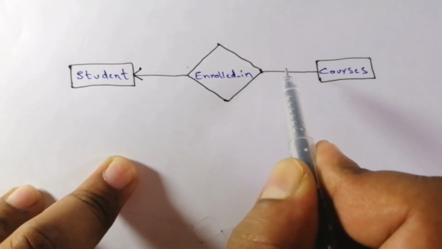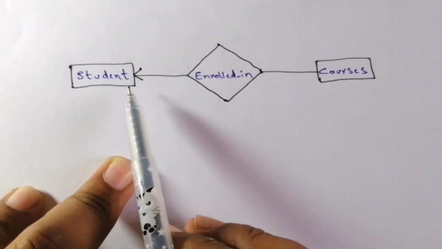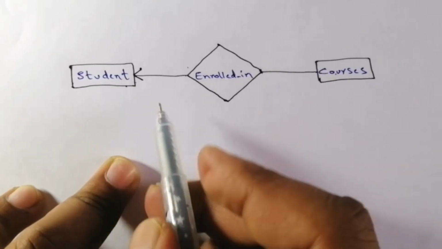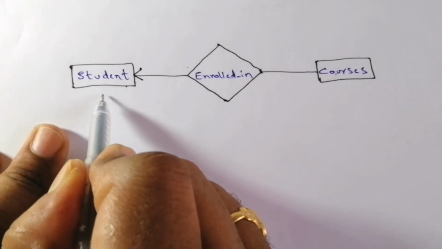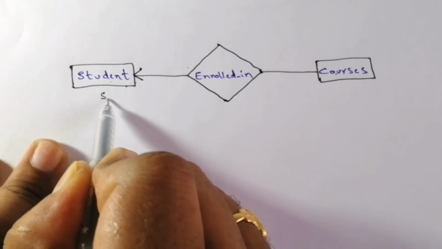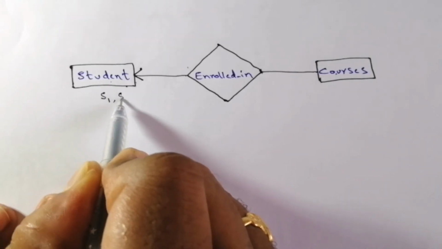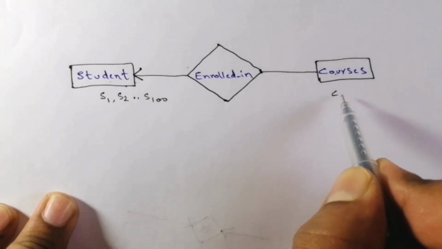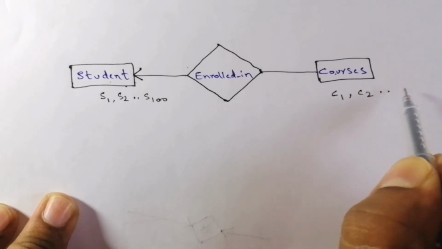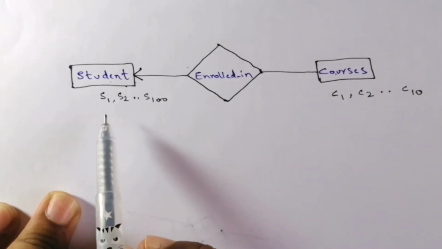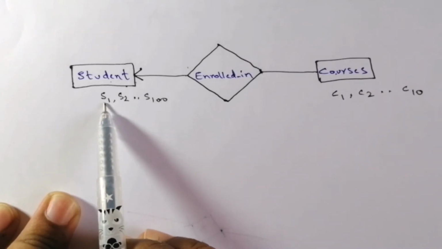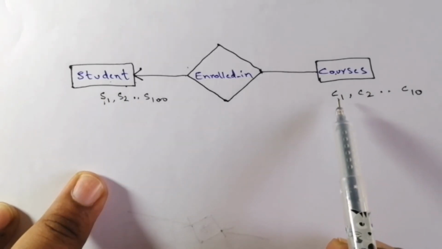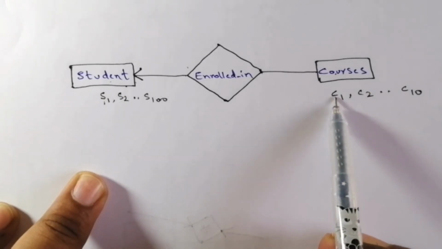So now here one student can enroll in any number of courses, right? Let us take the previous example. Suppose we have entities S1, S2 up to S100, and the course entities C1, C2 to C10, all right? So now S1 is an entity. An entity in set A can be associated with any number of entities in set B, with any number, right?